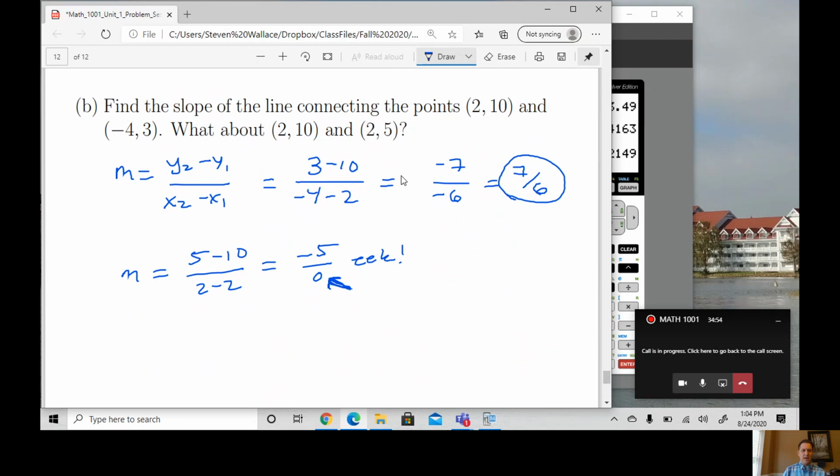A vertical line has no slope. 0 in the denominator is undefined, right? So we would say there's no slope here, or undefined slope.